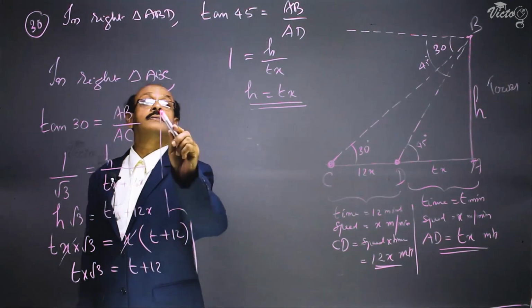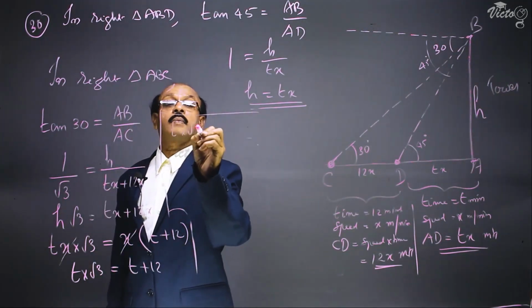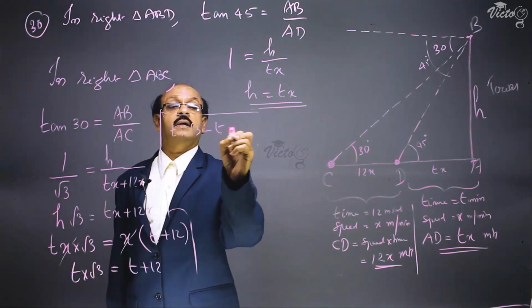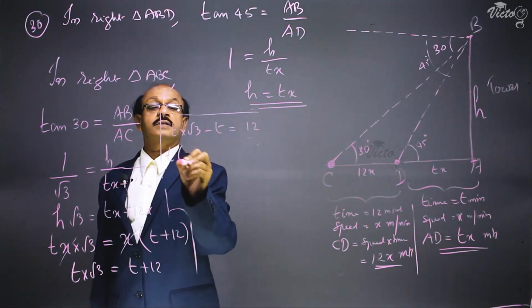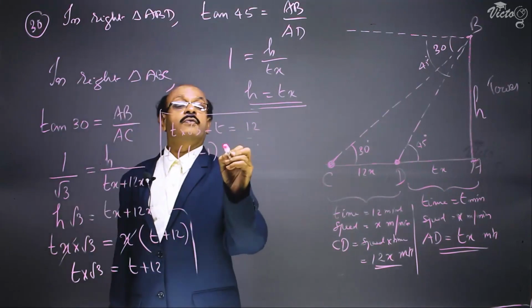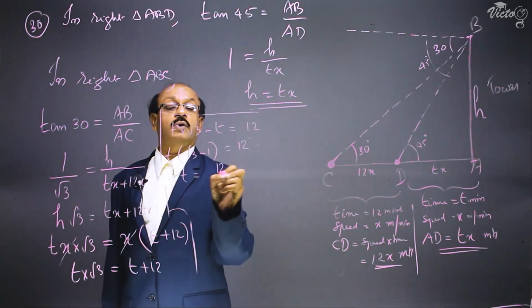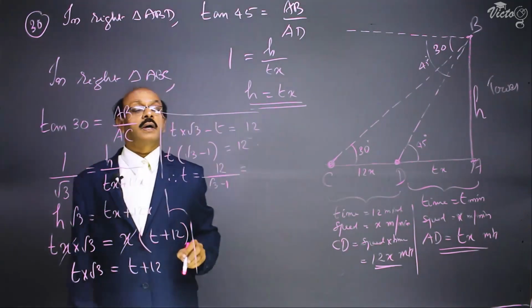Taking t to the left side of the equal sign, it is minus t, which is equal to 12. Taking t as common, the remaining quantity is root 3 minus 1, which is equal to 12. Therefore, t is equal to 12 divided by root 3 minus 1.